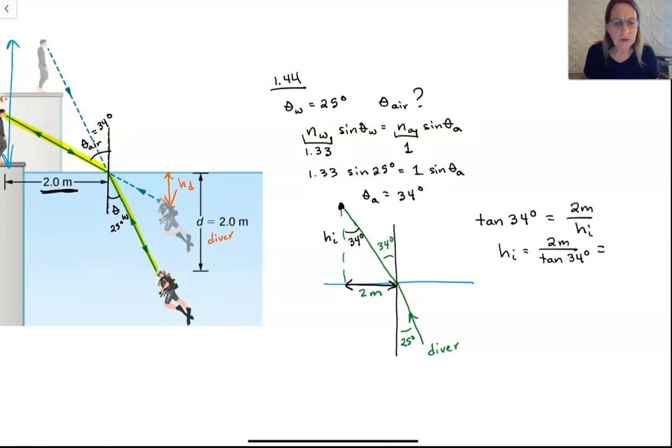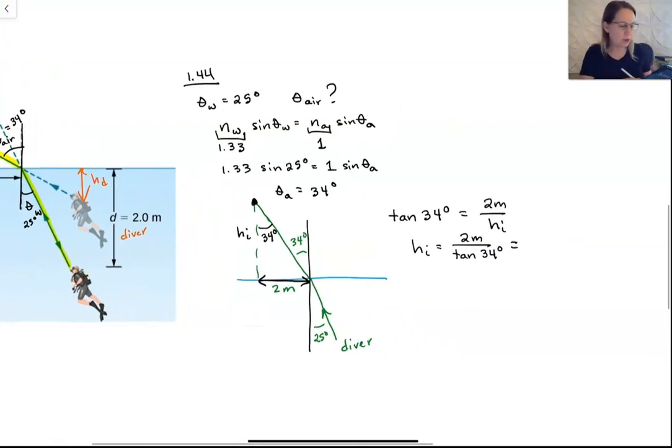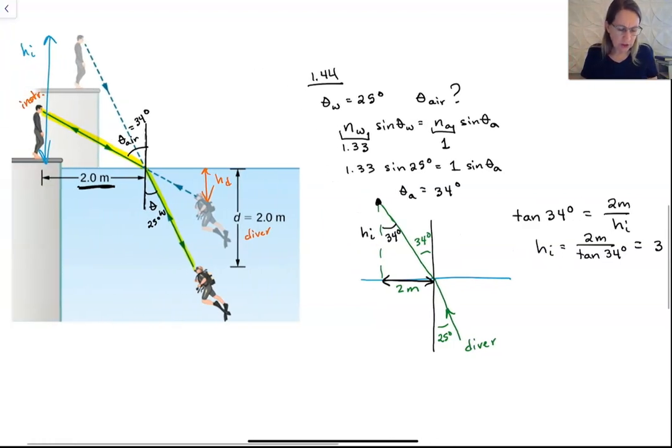When I do that, I get 2 over tangent 34, thereabouts, which gives me about 3 meters, 2.97. So that's the location of the new height. This is about 3 meters high.